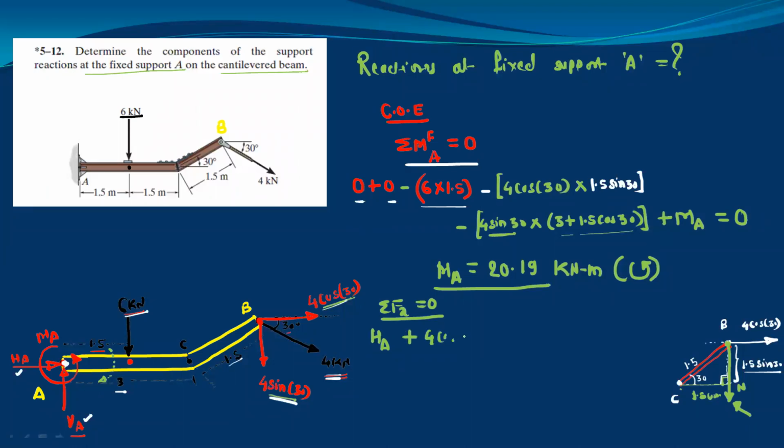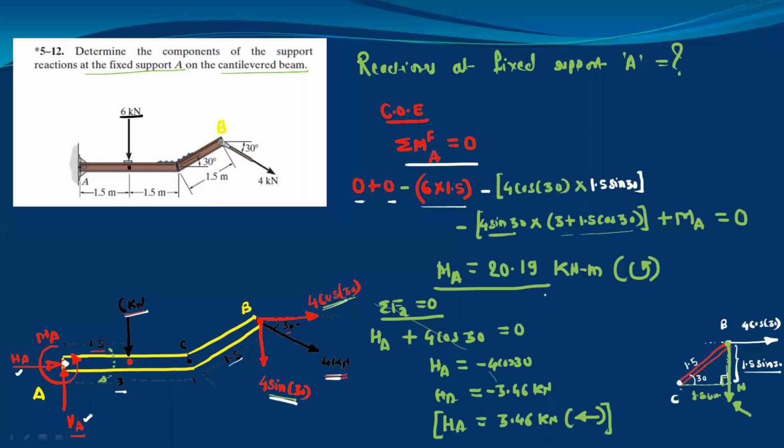So plus 4 cos 30, and there is no other force in the x direction. So this is equal to 0. From this we will get HA, which is equal to minus 4 cos 30. So your HA value is minus 3.46 kilonewton. As HA is negative, that means our assumed direction is wrong.